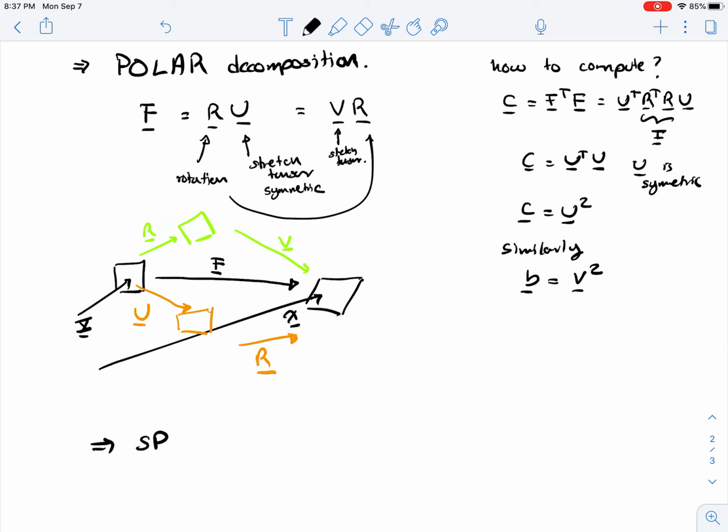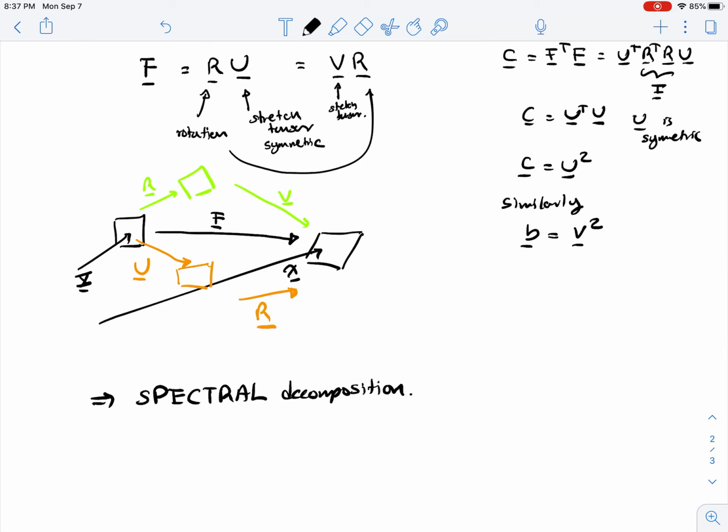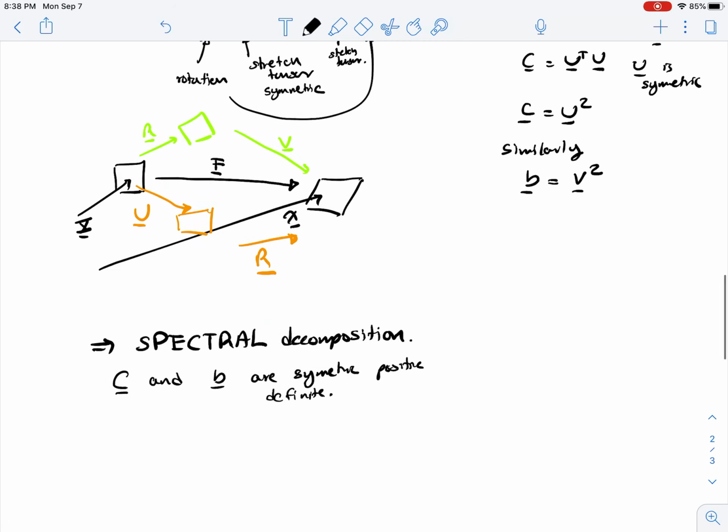But here's where the other decomposition that's in the title of this lecture becomes important, which is the spectral decomposition. And that one is, so C and B are symmetric positive definite tensors.